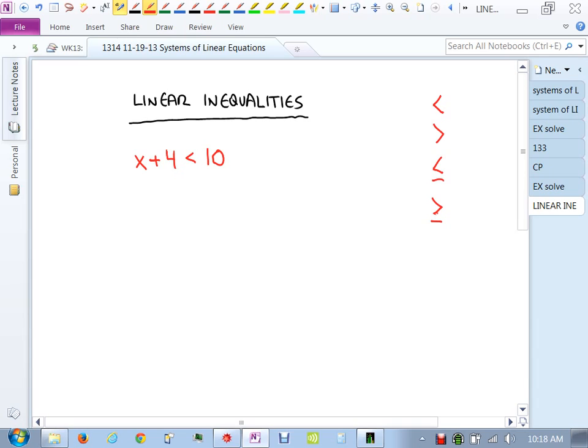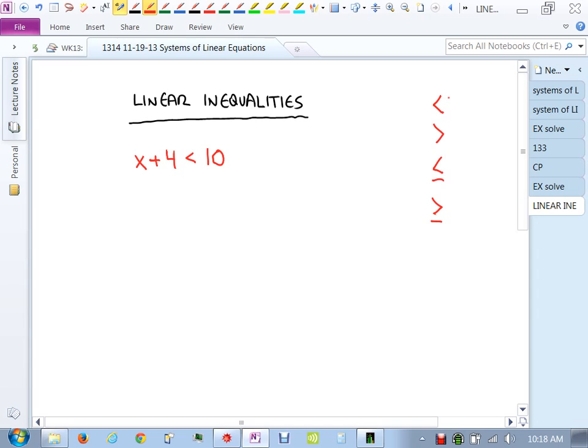The top right one would mean that the left side is less than the right side. The second one says that the left side is greater than the right side. The third one says left side is less than or equal to the right side. The fourth one says that the left side is greater than or equal to the right side.